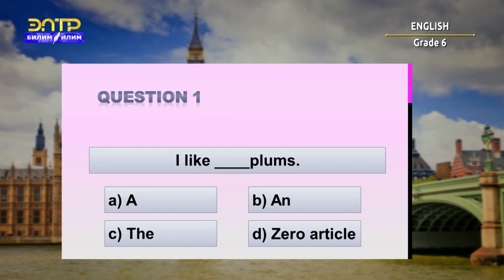Your options are A, B, an, C, the, D, zero article. The correct answer is D, zero article.